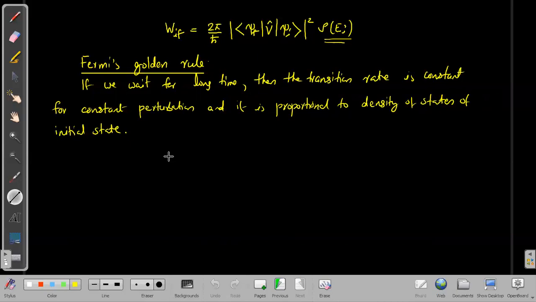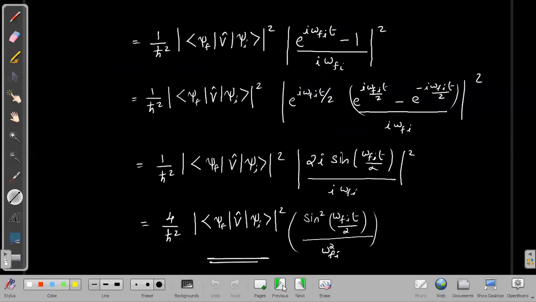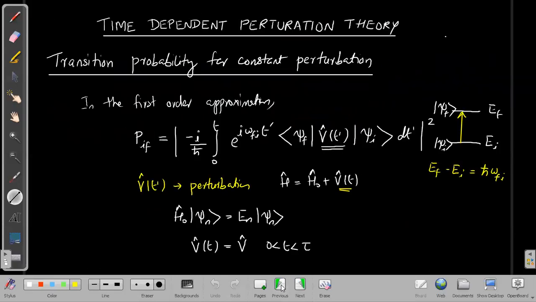The V of t is constant for a small time interval. So in that sense this problem comes under time dependent perturbation theory. Otherwise we cannot deal with it, because that becomes time independent perturbation theory. If V is constant throughout all the time, then it is not correct. But here what we have discussed is that V is constant for a small amount of time.